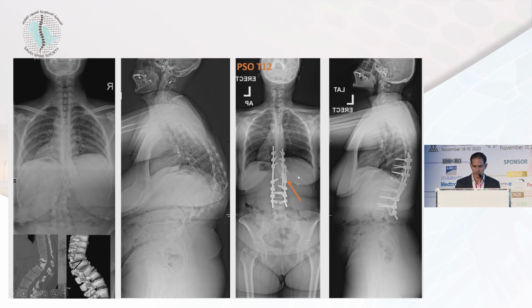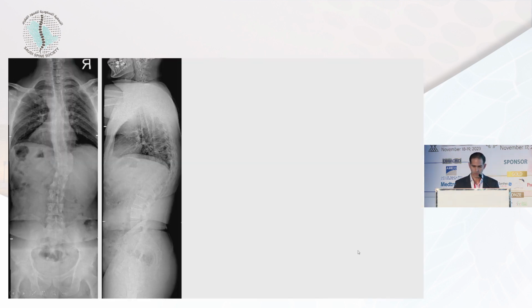And so in this case, the domino was inserted on the right side in order to compress on this side and achieve correction of both coronal deformity and sagittal deformity. And as you can see, the compensatory lumbar hyperlordosis was reduced after the correction of the apical deformity, and this is a CT scan with fusion after a few months of the surgery.